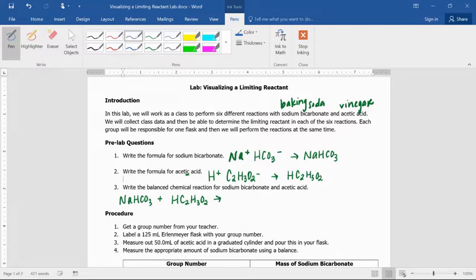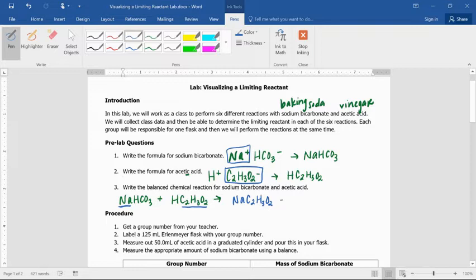So for our first product, we're going to have sodium, and it's now going to be bonded to acetate. And because sodium is Na+1 and acetate is C2H3O2 -1, that compound is just NaC2H3O2.